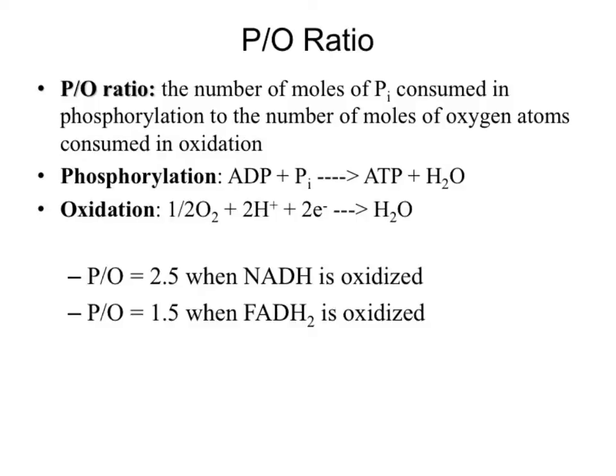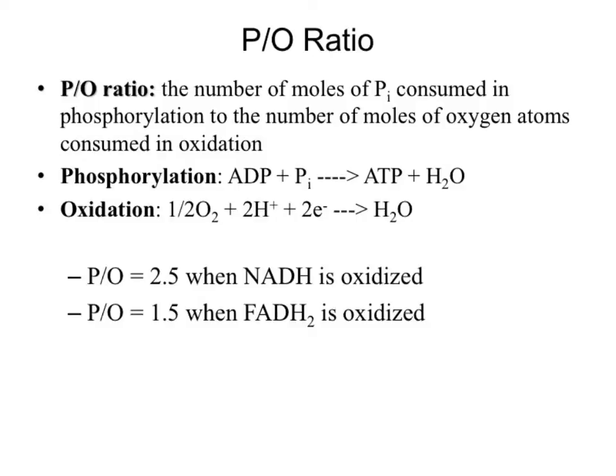We can look at the phosphate or phosphorylation to oxidation ratio to see how much ATP is produced for oxygen being oxidized. Okay? And we'll notice that when we look at our phosphorylation to oxidation ratio, NADH produces more ATP per molecule than FADH2.